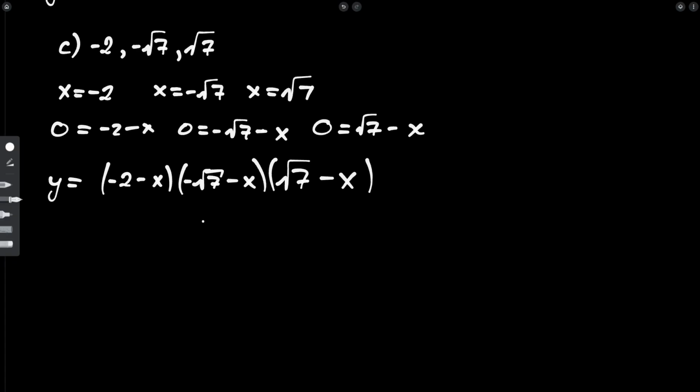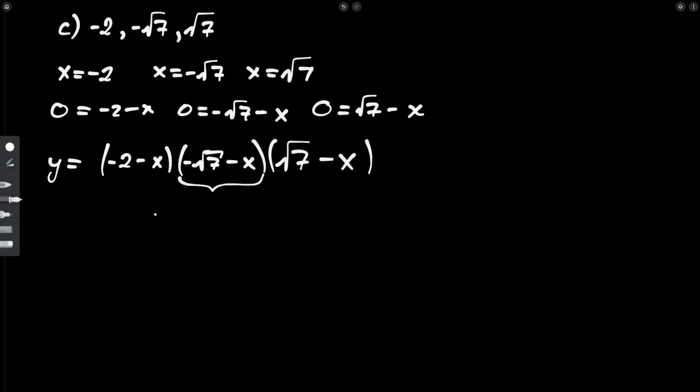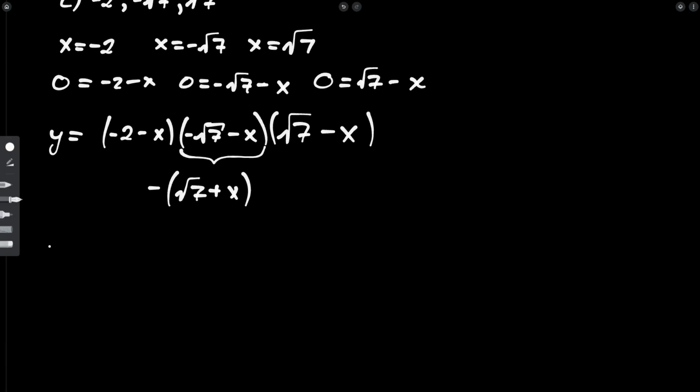The first thing I'm going to do is actually take out a -1 from this factor. Rewriting it, that would give us negative square root 7 plus x. And writing it again down here, we can move this negative all the way up to the front. We can actually multiply it into this one.